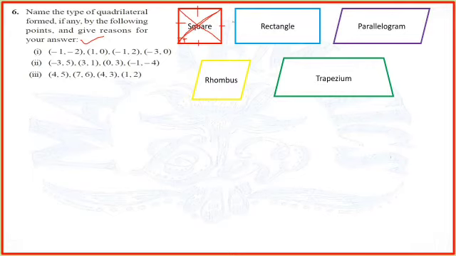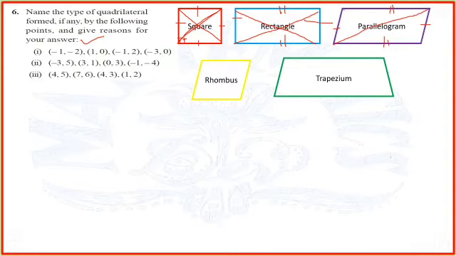In case of rectangle, all opposite sides are equal. A pair of opposite sides is equal, and then diagonals are also equal. In parallelogram, again the same property as a rectangle, but in a little different format. Opposite sides are equal and parallel, but diagonals are not.